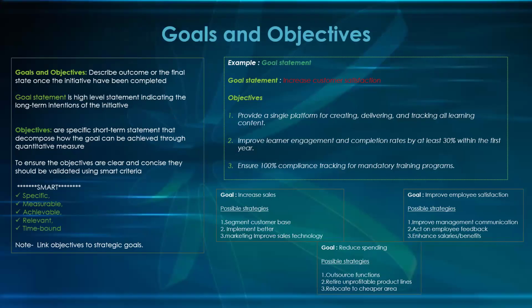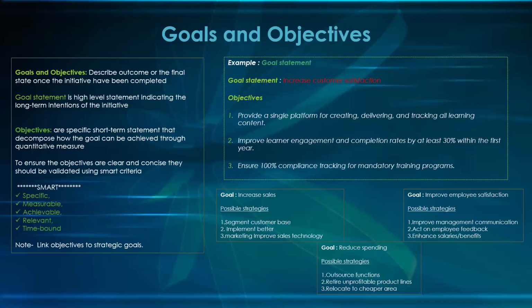So in this case, we'll talk about the goal. What is the goal? A goal is simply a high-level statement. A goal or an objective, they are just statements. But the goal is the high-level, long-term statement, while the objective is a short-term statement or short-term strategy.